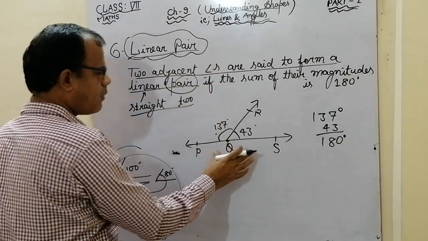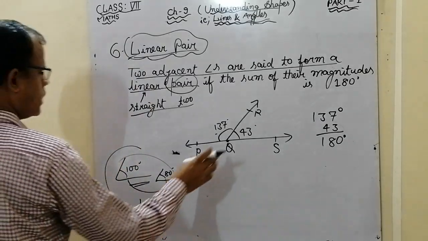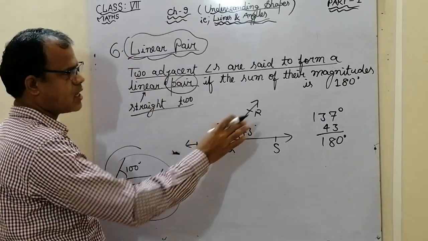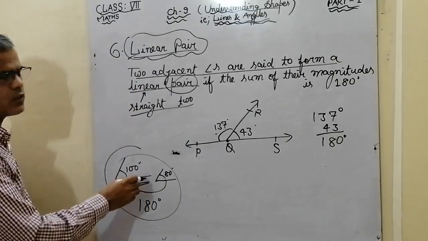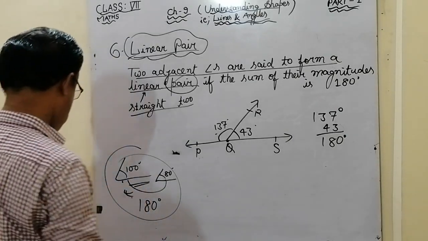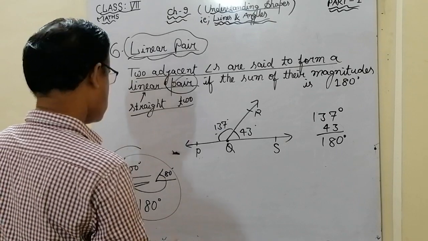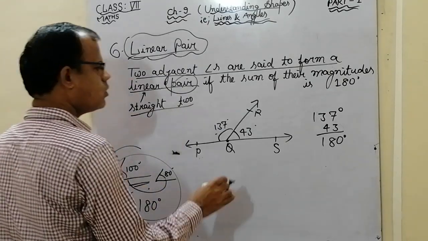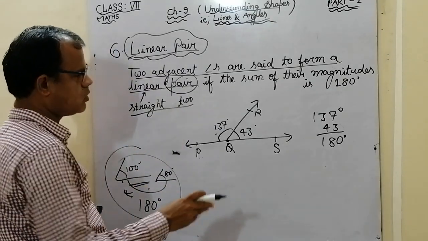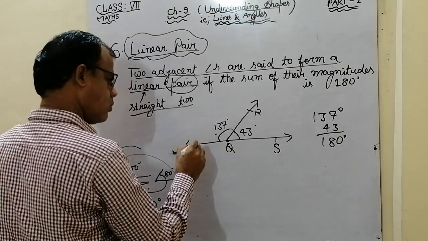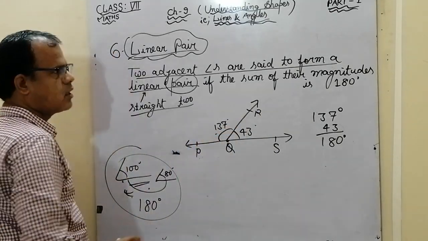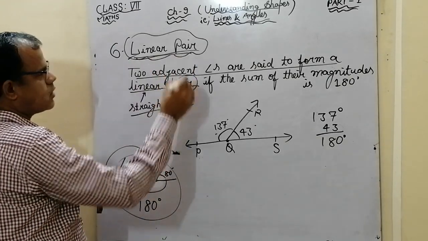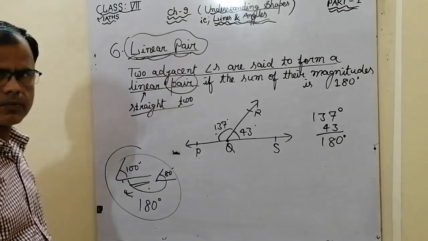In a linear pair we have adjacent angles, and in supplementary angles adjacency is not required. So have you understood? On a straight line, if two adjacent angles are there, we can say they form a linear pair.